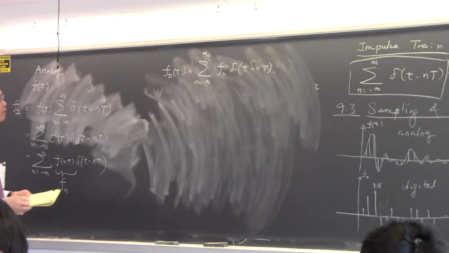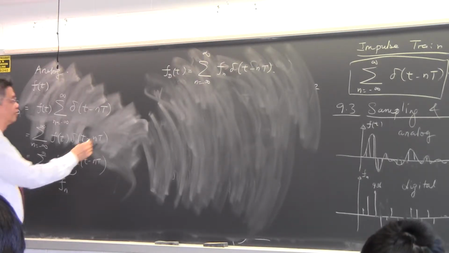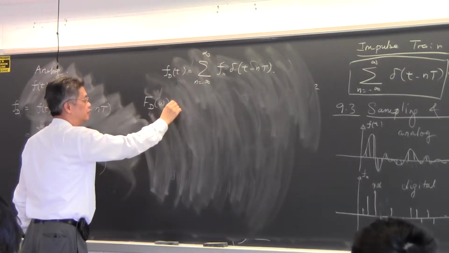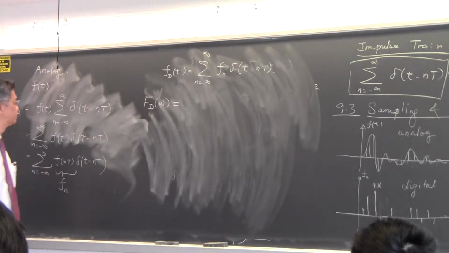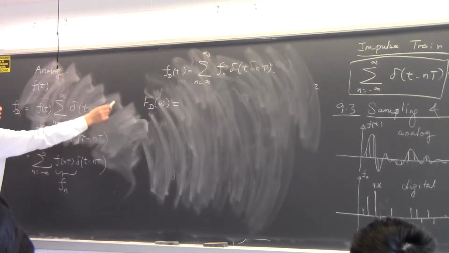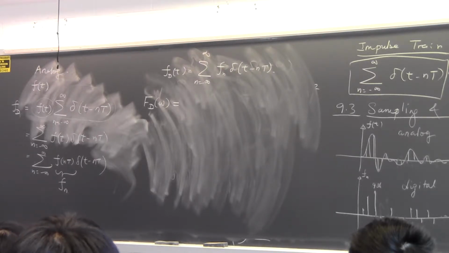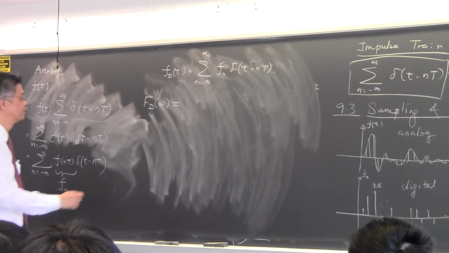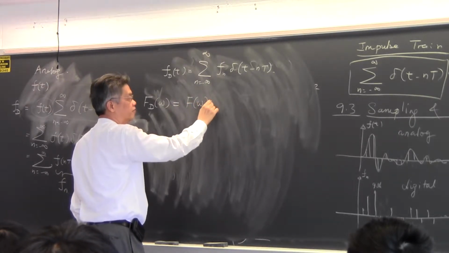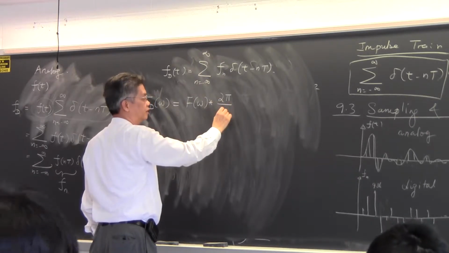I'd like to know what the bandwidth of this signal is. So if I take the Fourier transform of this digitized signal, it should be equal to this thing convolving with the Fourier transform of that thing. So it should be the same as the Fourier transform of the original signal convolving with the impulse train in the Fourier space.